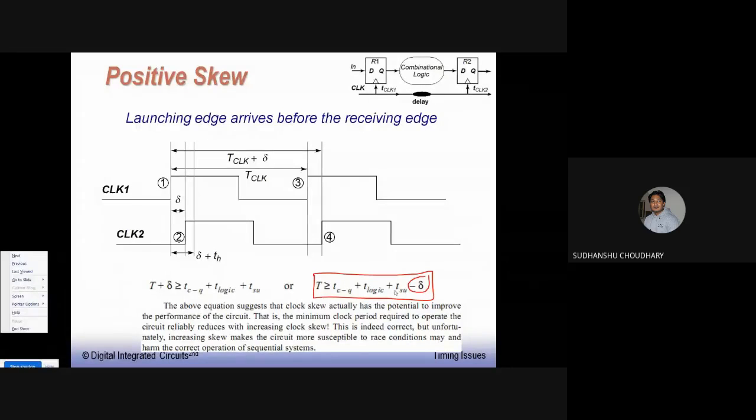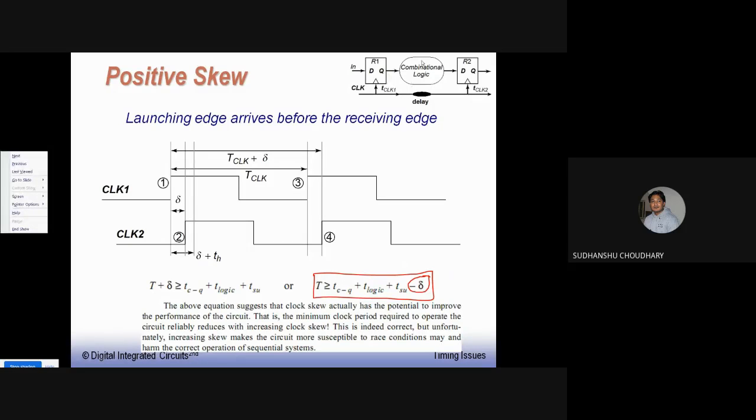But now with a positive clock skew, my clock period has improved, meaning I need a smaller time to process the data. It seems this is actually improving the performance of the circuit.